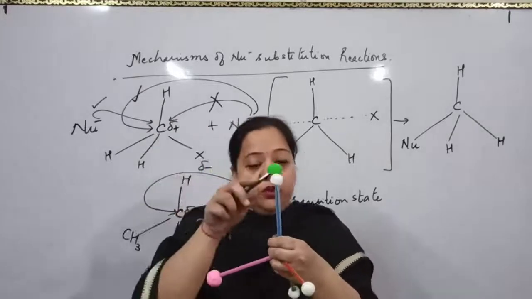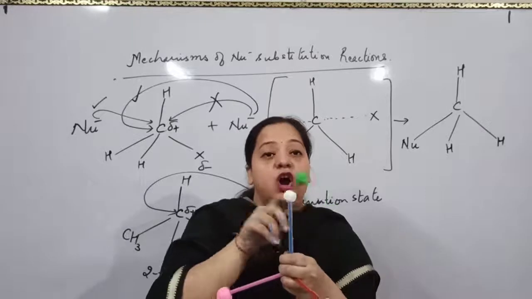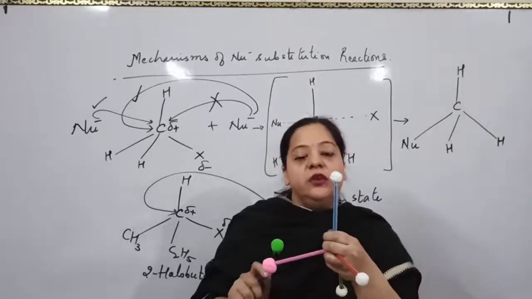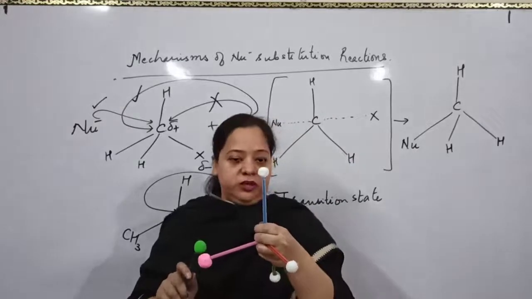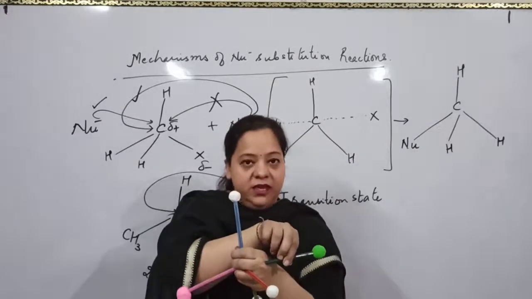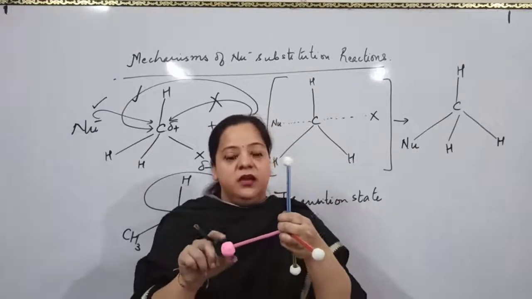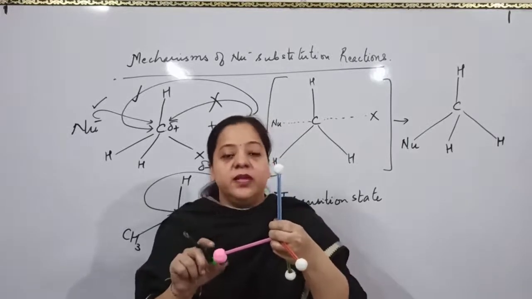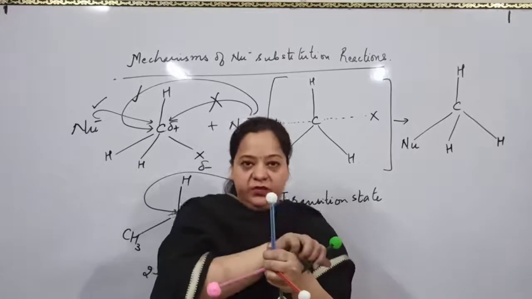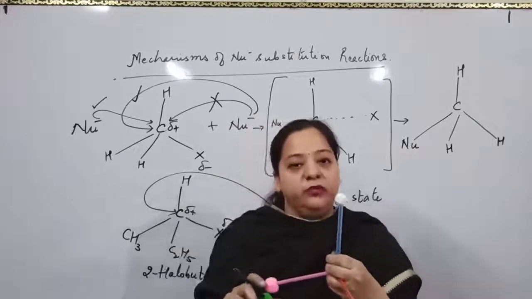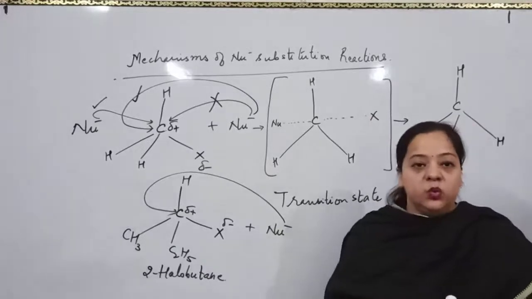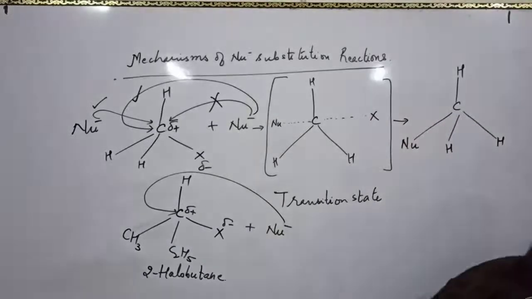And so, if this alkyl halide is optically active, then this will lead to inversion of configuration. That is, if this is the D isomer, then the incoming group is on the opposite side, on the mirror image side, so this will be the L isomer. If we start with the L isomer, the product will be in the D configuration. That is, it leads to inversion of configuration.